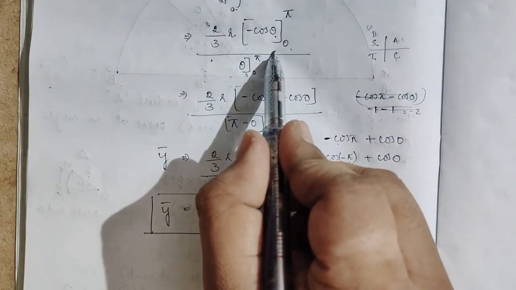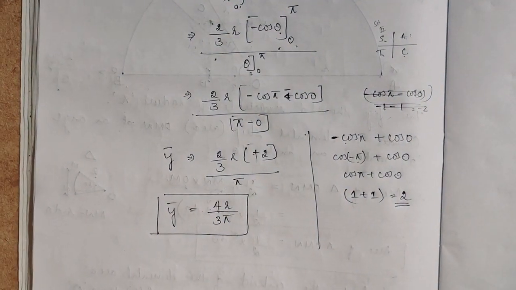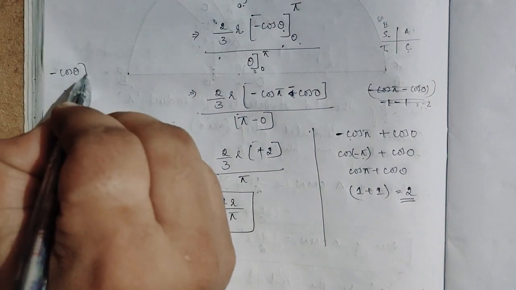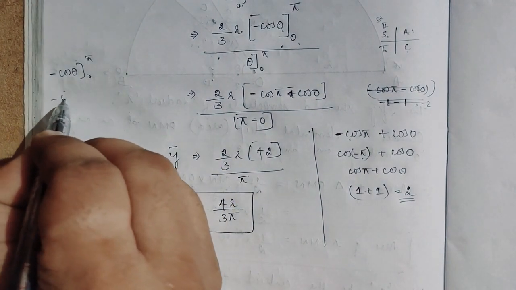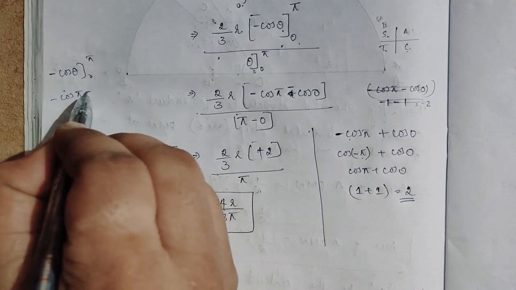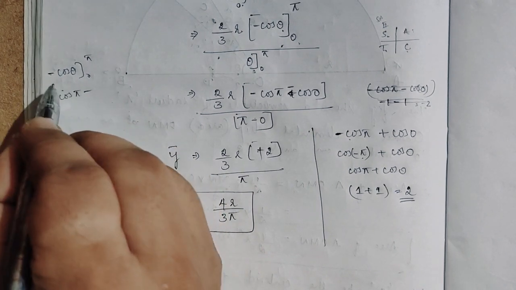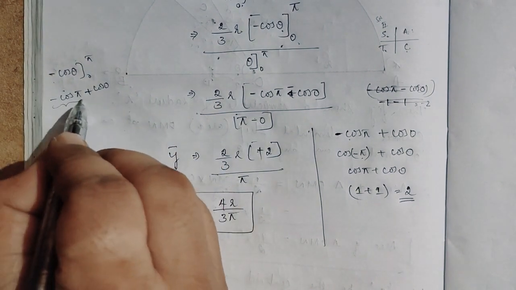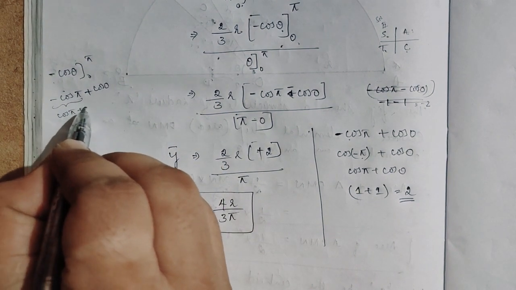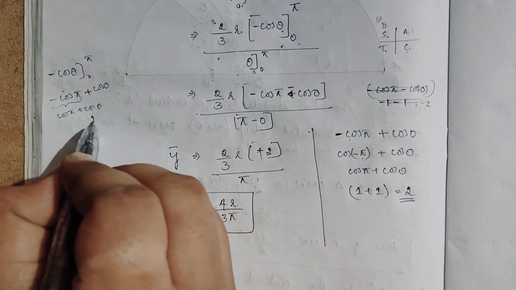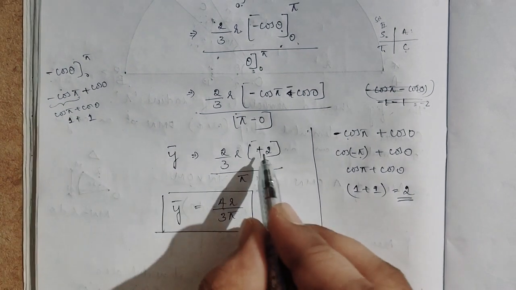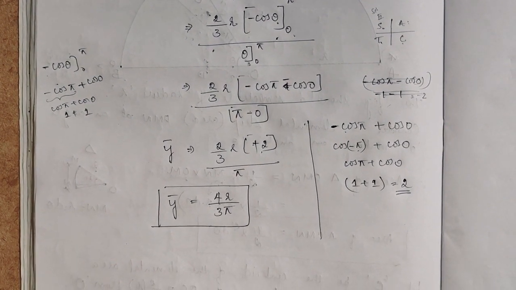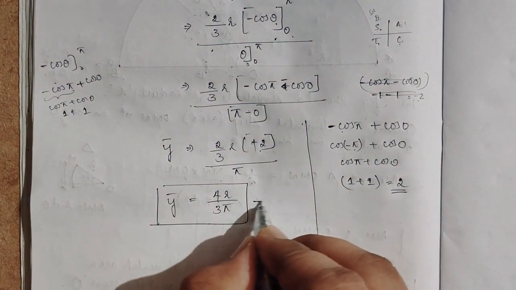When I integrate with this integral, I'll tell you again. See here, minus cos theta from 0 to pi: minus cos pi minus, but here again minus is there, minus into minus, plus cos 0 will happen. So minus cos pi is nothing but cos pi, plus cos 0. Cos 0 is 1, cos pi is also 1 in magnitude, so 1 plus 1 is 2, so 4r by 3 pi.